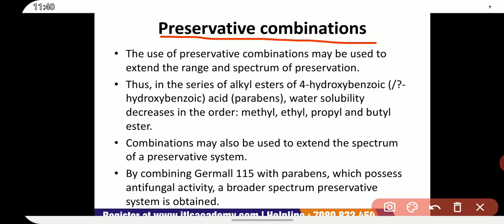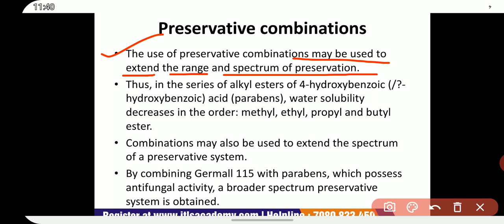Preservative combinations. Preservative combinations may be used to extend the range and spectrum of preservation.